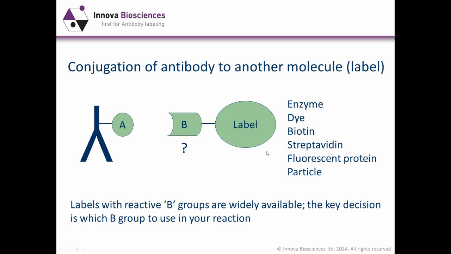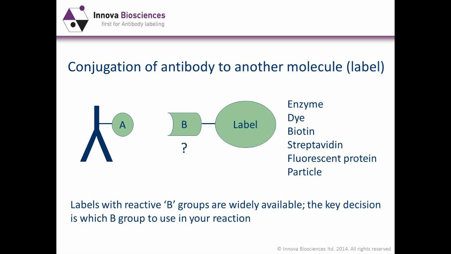Let's look at this in a little bit more detail. If we focus on the label first, the label can be an enzyme, it can be a dye, biotin, streptavidin, fluorescent protein, a particle. It can be many things, and labels with reactive B groups are widely available.